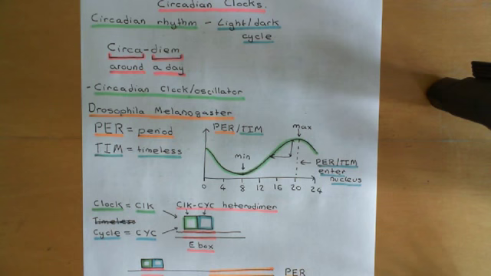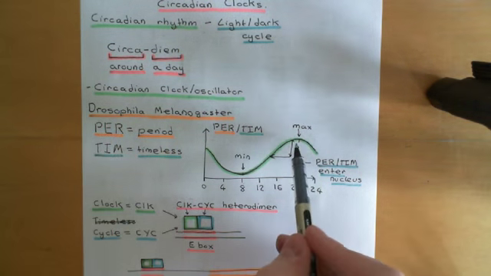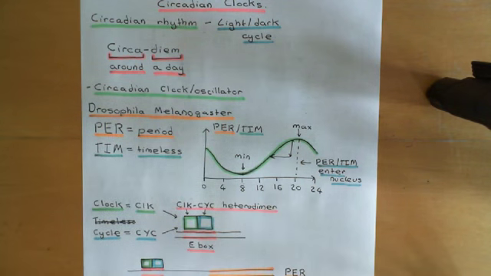So if the circadian clock thinks that it is 7 o'clock at night, and in fact you're receiving bright light telling you that it's the middle of the day, it will reset the clock and move it backwards, so that the clock's time is now set to a more appropriate time in tune with the light-dark cycle.